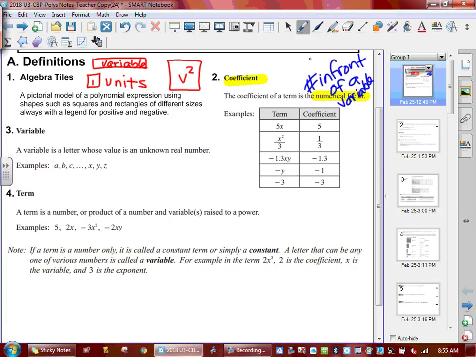Then we look at what a variable is. So variables are letters or symbols that represent unknowns. So we have the symbol pi, and pi represents an unknown amount. Well, we know an approximate amount, but we don't know the full amount because it's a run-on irrational number. So we know it's around 3.14, but it goes on forever, okay?